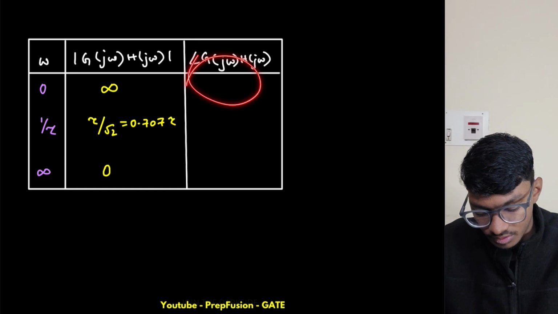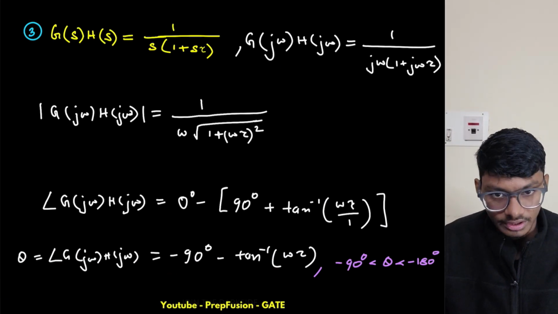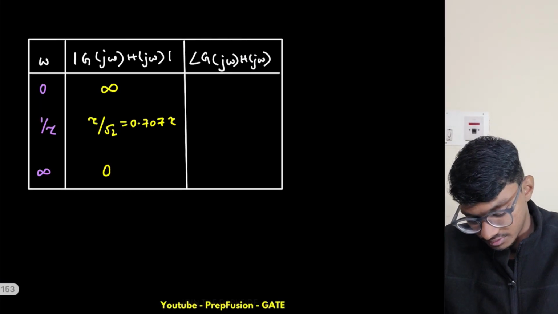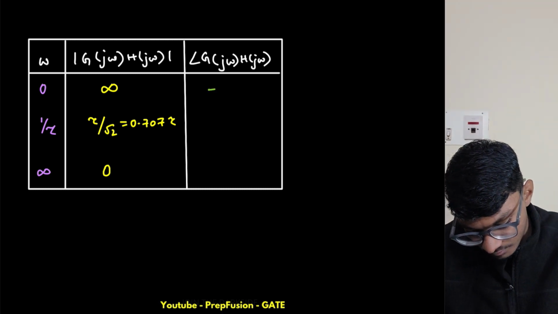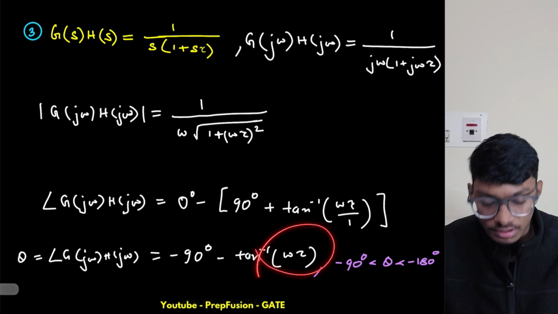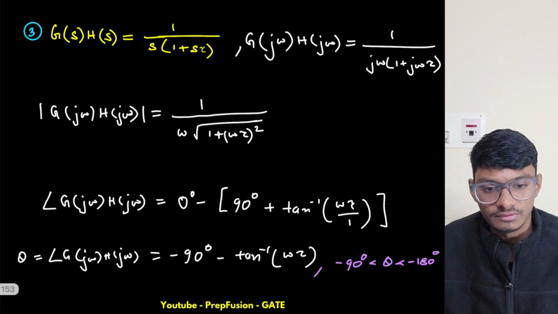What about the angle? If I put omega equals 0 here, as I told earlier, this will vanish and this will remain, and this is minus 90 itself. So this is minus 90. If I put omega goes to 1 by tau here, this is tan inverse 1, which is 45. Minus 90 minus 45 is minus 135.